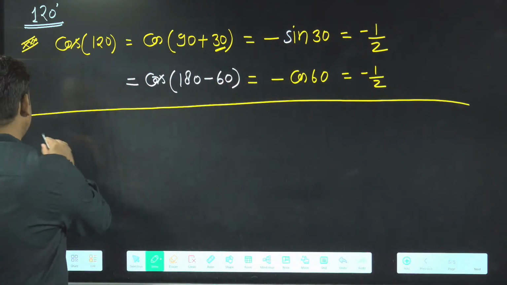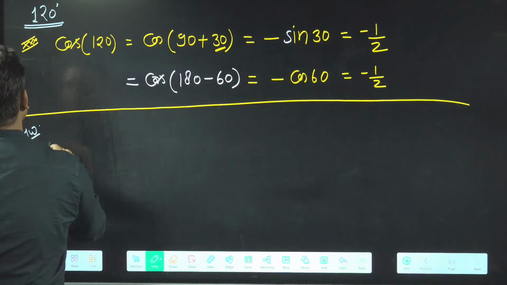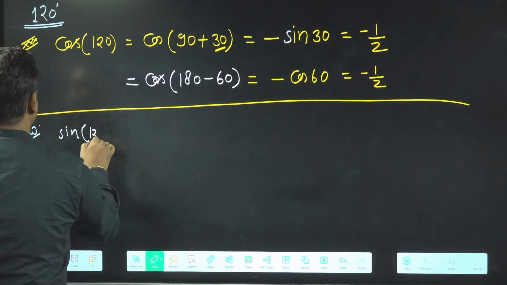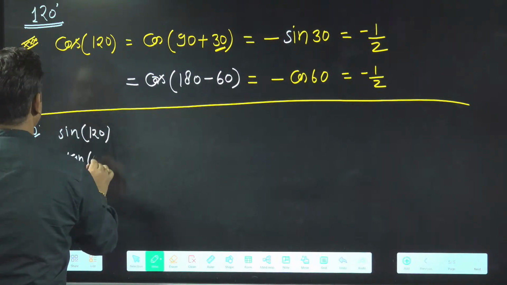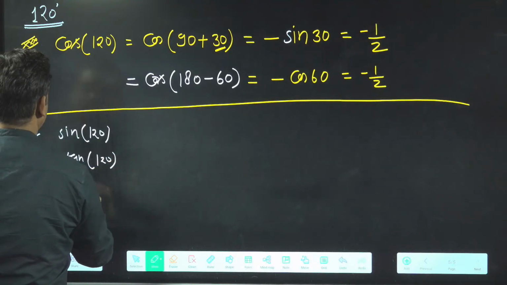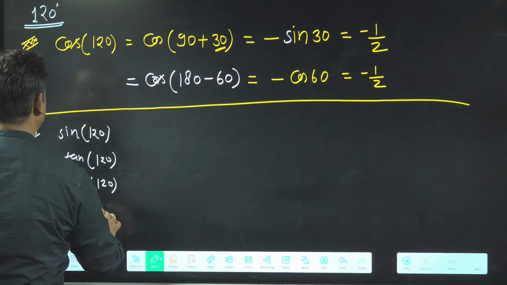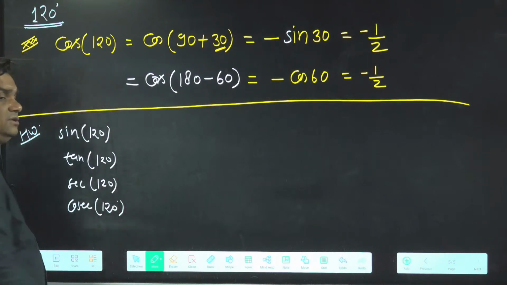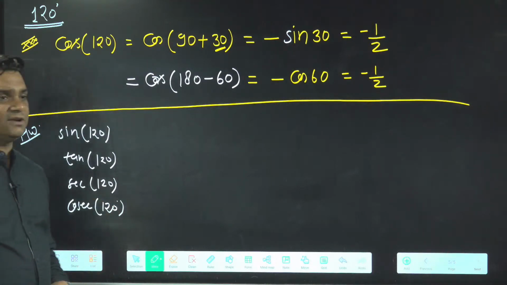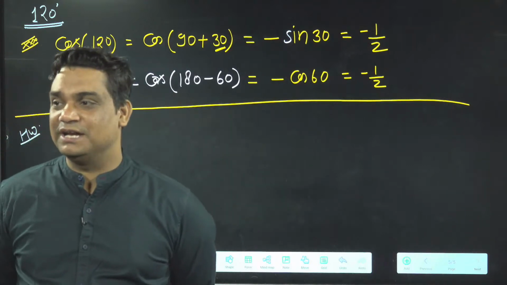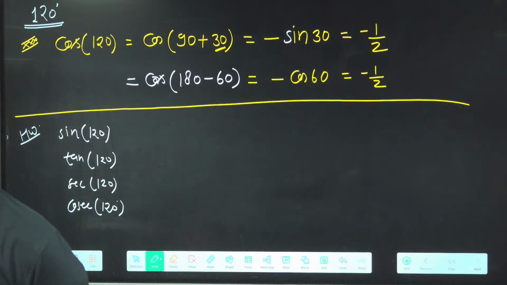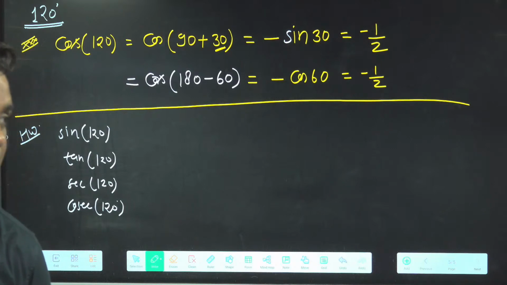Now, what is the homework in this question? Sine 120, tan 120, sec 120, cosec 120. I'm not writing all, but all the remaining 5 will be your homework. What will be sec 120? Will you solve sec 120? Sec means just reciprocal.